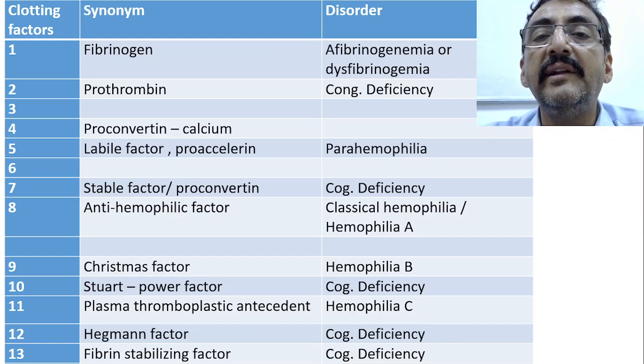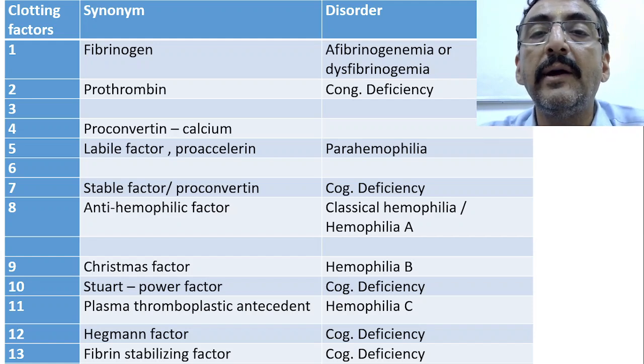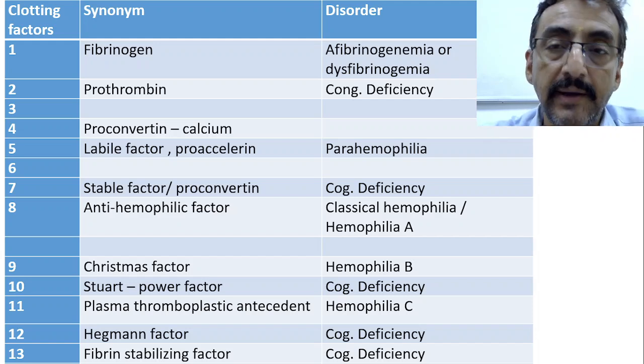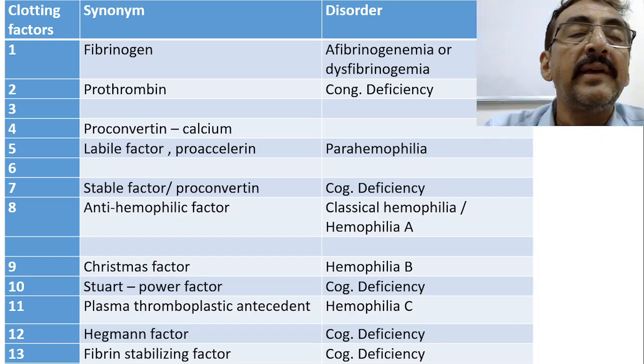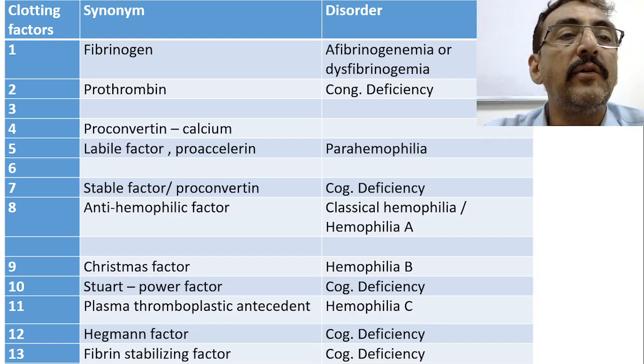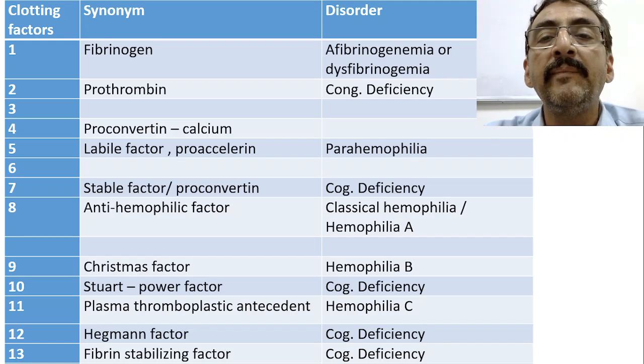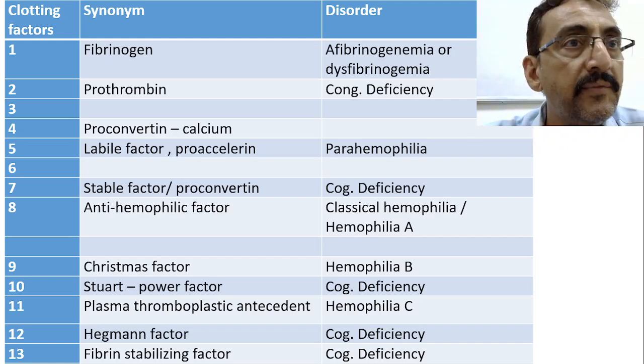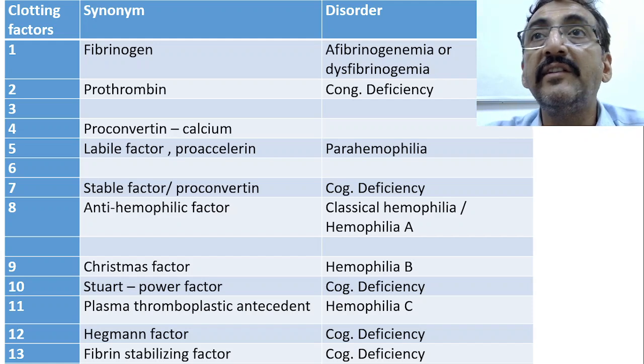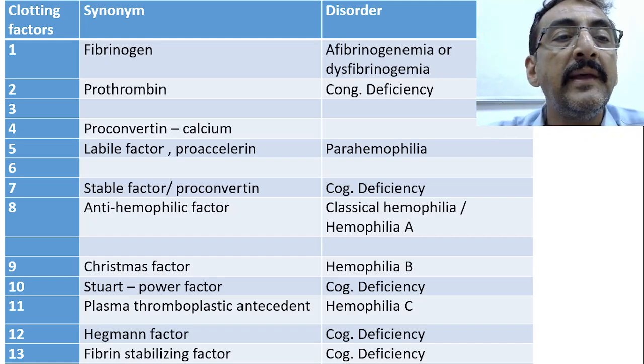The second important clotting factor, factor 2, is prothrombin. Prothrombin deficiency will lead to many problems. We know that especially the extrinsic pathway gets affected.